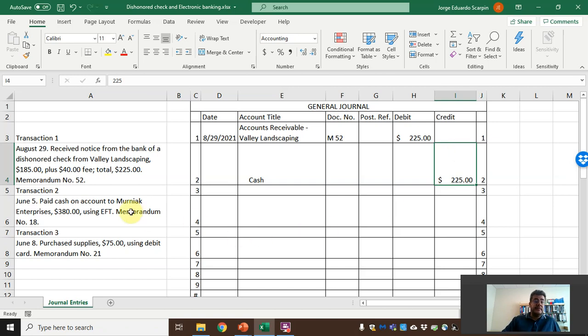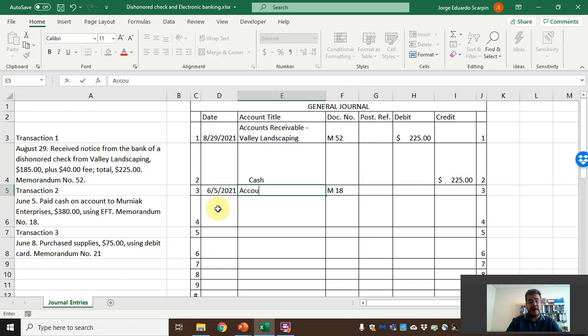Second transaction, June 5th. Paid cash on account to Murniak Enterprises, $380, using EFT, electronic funds transfer. The document is Memorandum 18. So now what will we be debiting?